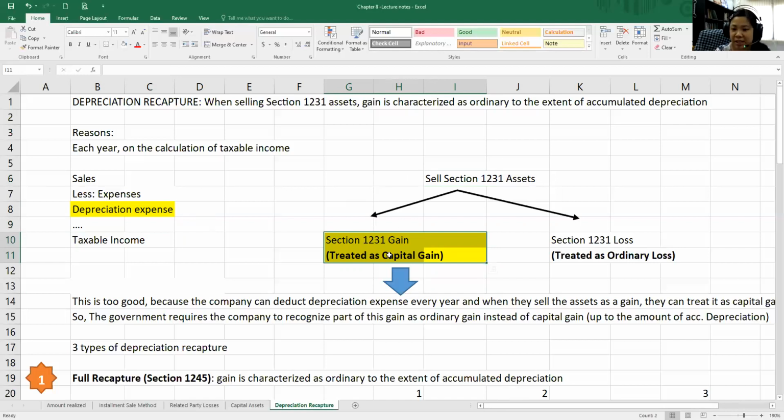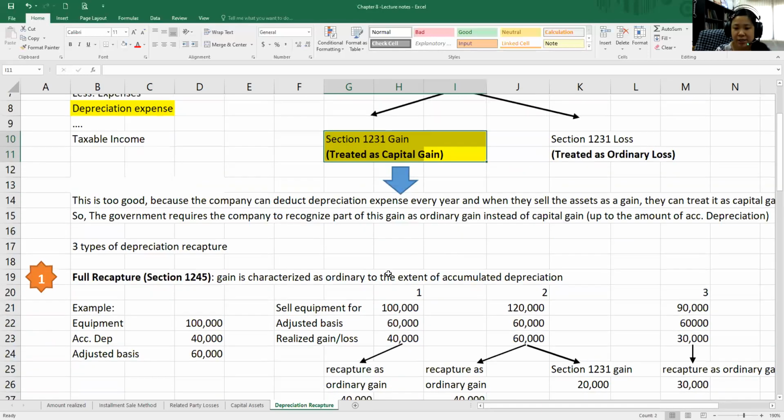And the government said this is too good, and instead of doing it like this, the government requires the company to recognize a part of this Section 1231 gain as ordinary gain instead of capital gain, and the amount would be up to the accumulated depreciation. Okay, all right, we're going to look at an example for that.